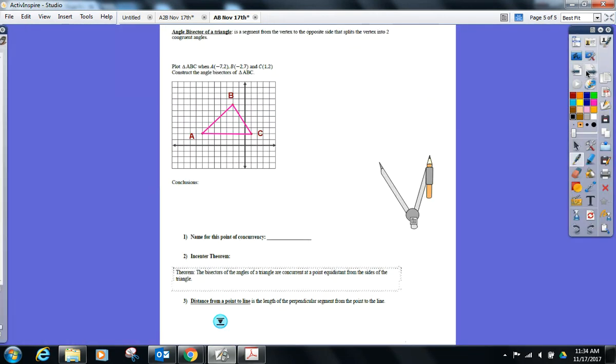All right, hopefully we got that all good to go, because I got another point of concurrency for you. There's going to be 4 total. We just went over one of them. So go ahead and draw the triangle right there.